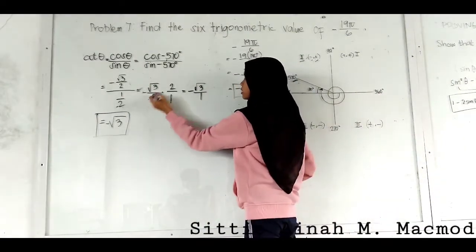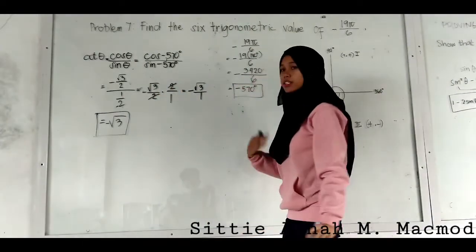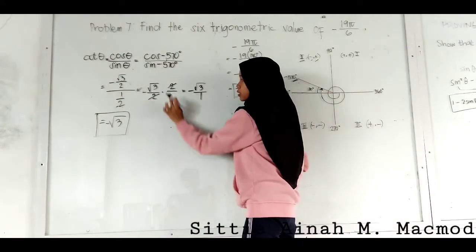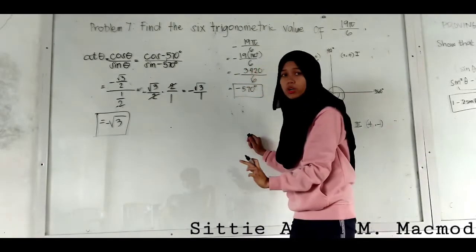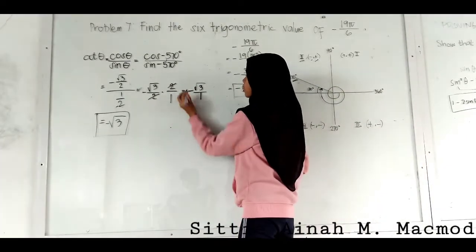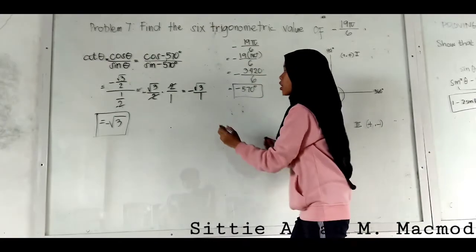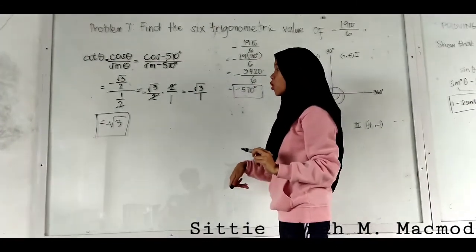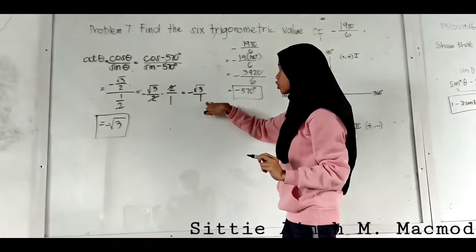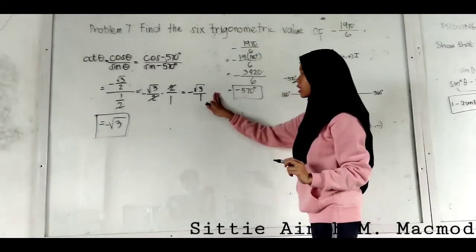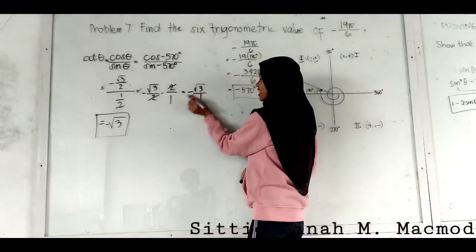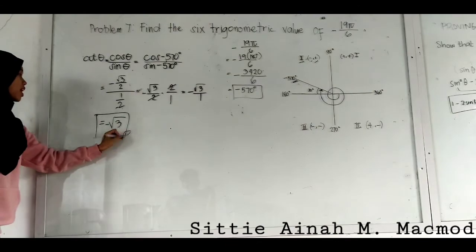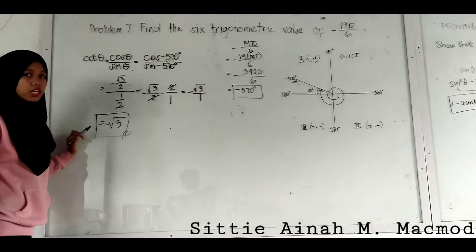We can cancel the 2s, which gives negative square root of 3 over 1. Dividing by 1, the result is negative square root of 3.